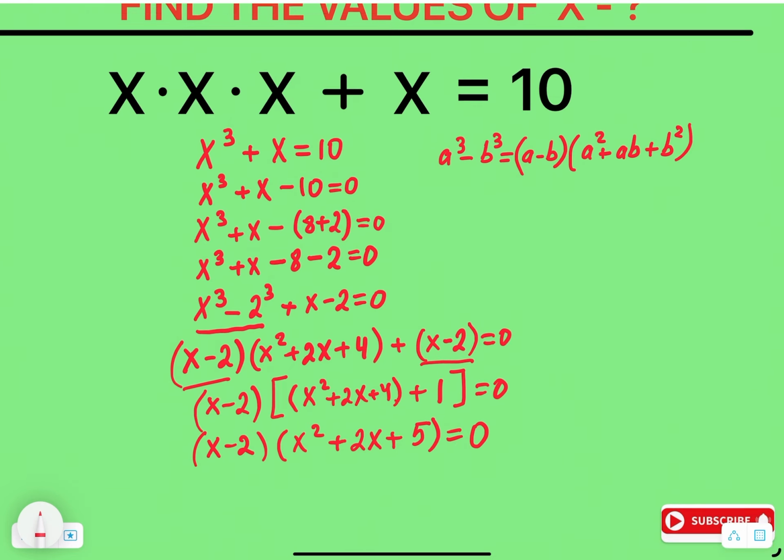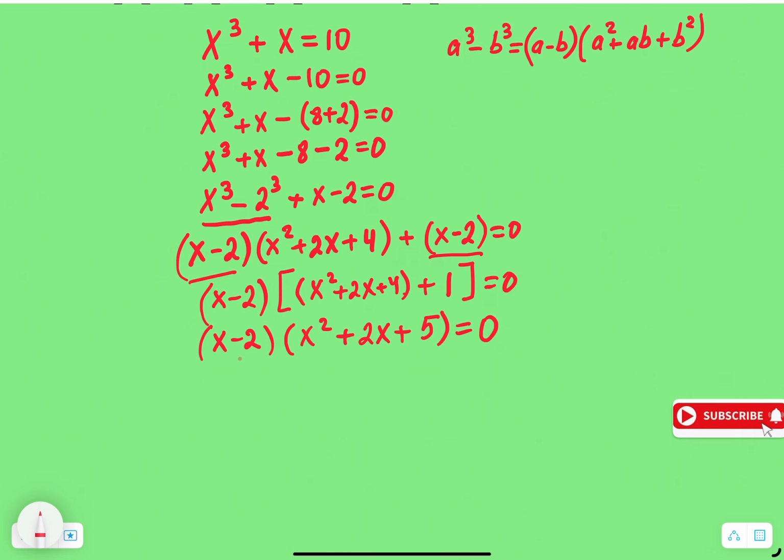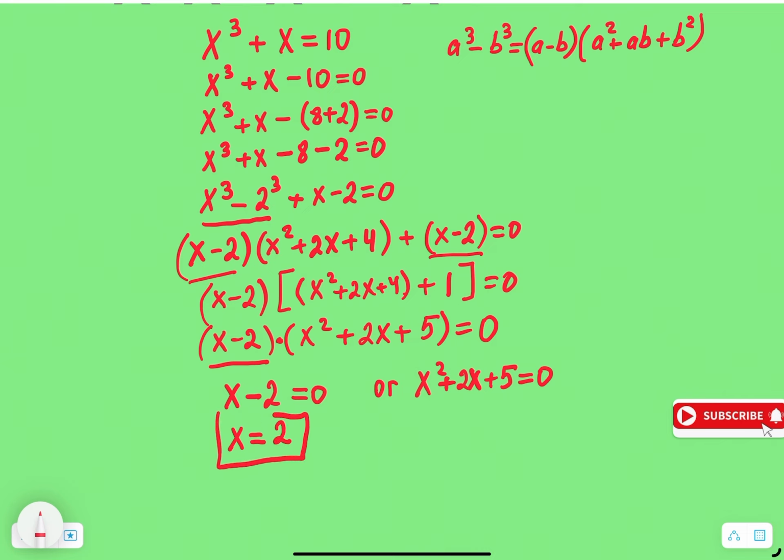If we have two terms multiplied together and the answer is 0, this first part, x minus 2, can be equal to 0, or x squared plus 2x plus 5 can be equal to 0. This part is easier, right? x equals 2, it will come to the right and become positive 2. So this will be one solution.